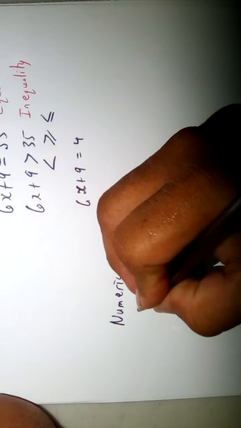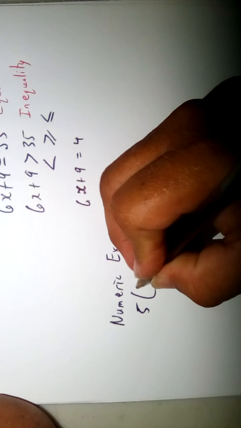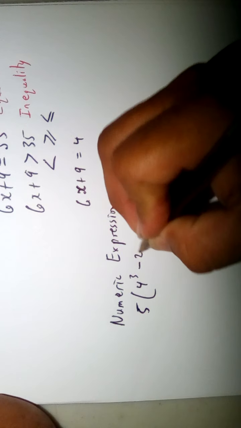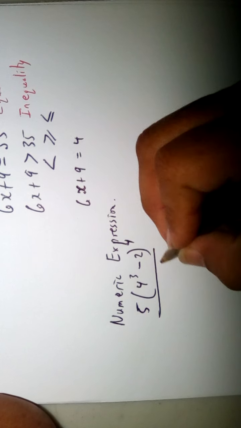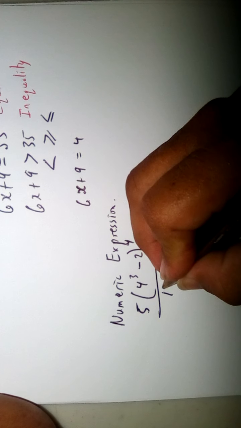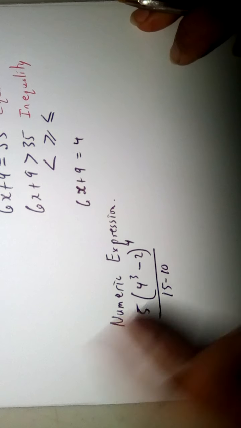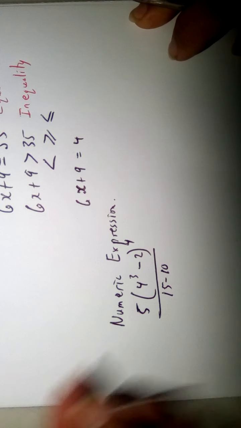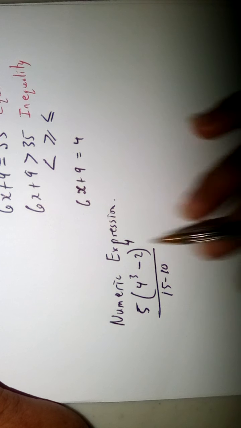Say, for example, we have 5 open bracket 4 to the third power minus 2, to the fourth power here, over 15 minus 10. Well, this is a numeric expression because it's simply expressing numbers that will be done based on their operation. So how do we solve this?